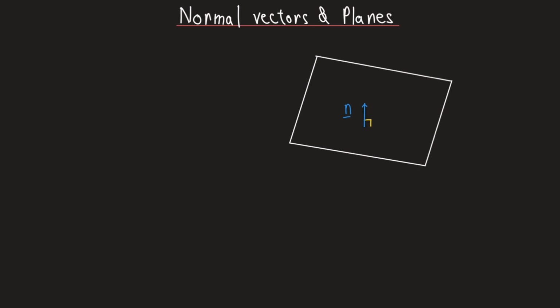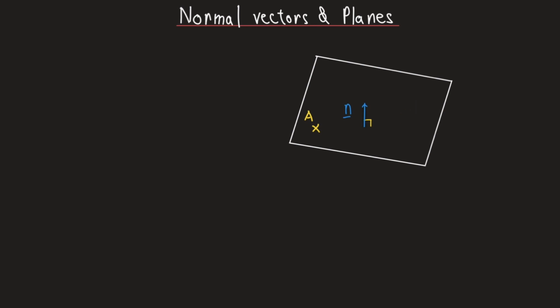First, I'm going to state that if we have a normal vector to a plane, as well as a specific point, for example, let's call it A, then we have enough information, mathematically speaking, about this plane.